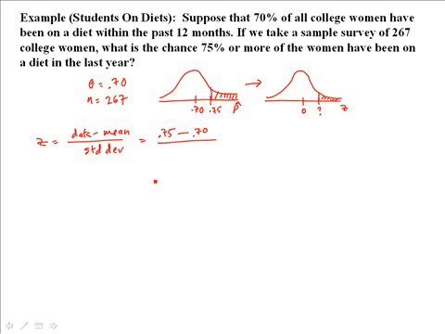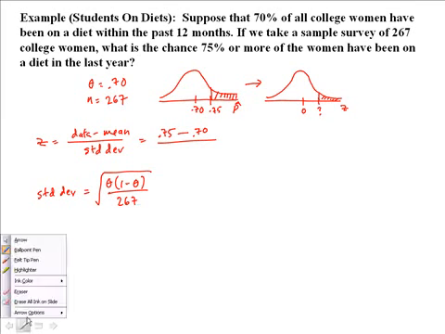And then the standard deviation we don't have, but we can compute. Standard deviation is going to be this. It's a formula that comes from the central limit theorem, and the central limit theorem tells us that it's the square root of the population proportion times 1 minus the population proportion, divided by the sample size, 267.